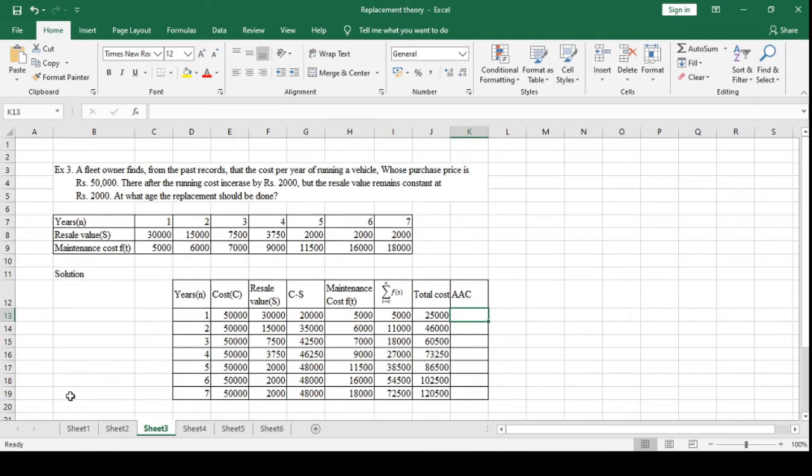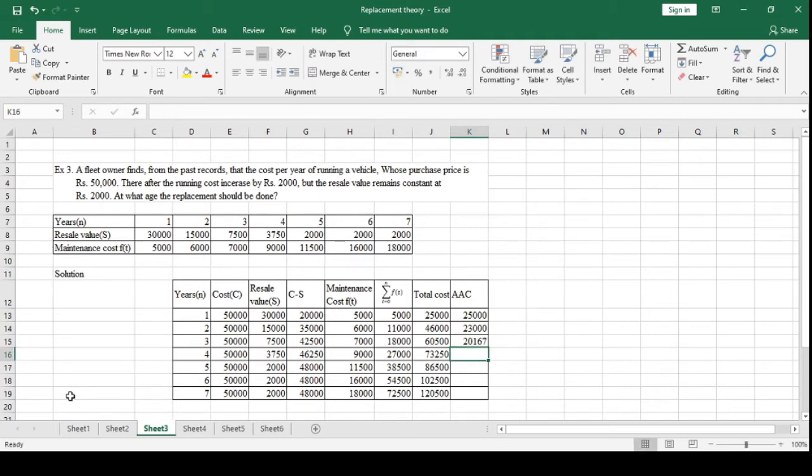Now last is your AAC, that is your average annual cost, and we will get to know the answer by calculating it. The average annual cost is your total cost divided by the number of years. For the first year, 25,000 divided by 1 is 25,000. For the second year, 46,000 divided by 2 is 23,000. For the third year, 60,500 divided by 3 is 20,167.